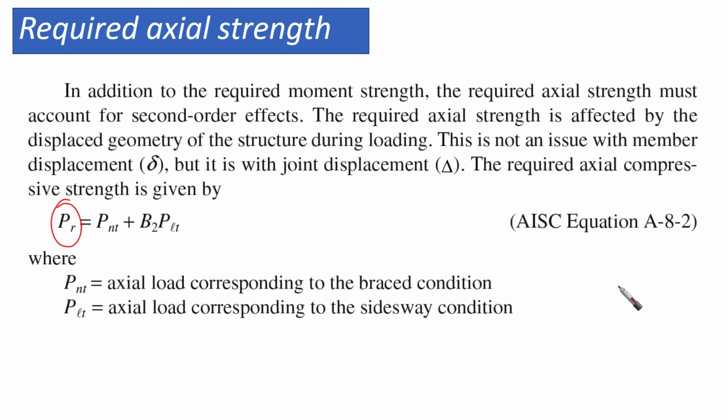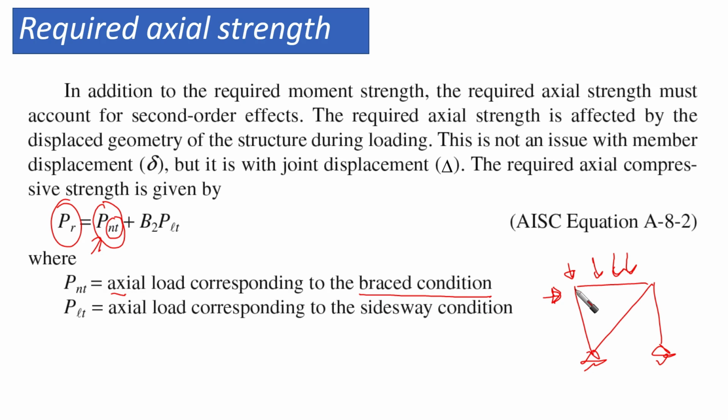We found that if we have a system, and there are some loads being applied here, and some loads, for example, here, going to be applied on the system. The no translation axial forces are no problem for us, but they are taken into consideration because PNT, the no translational case, is the axial load corresponding to the braced condition.